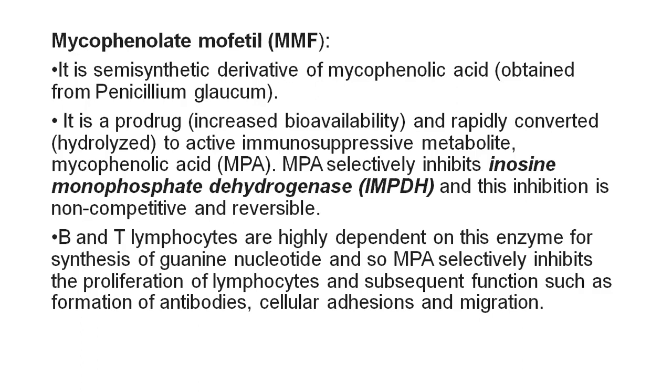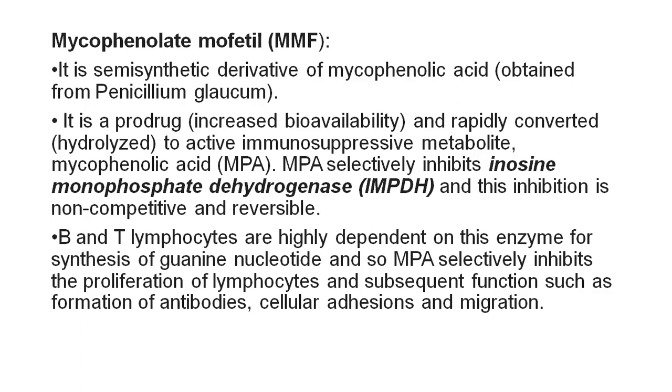It is reversible, so it is not very difficult to stop this conversion. B and T lymphocytes are highly dependent on this enzyme, inosine monophosphate dehydrogenase, for synthesis of guanine nucleotide.